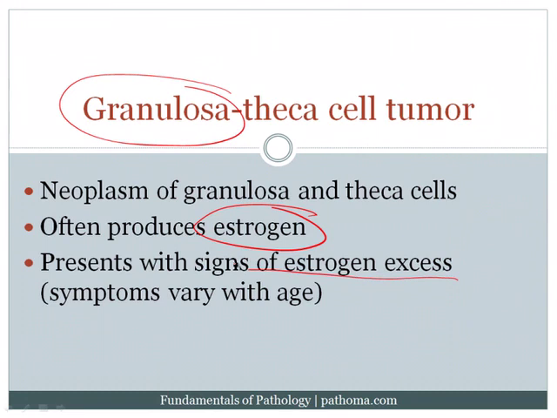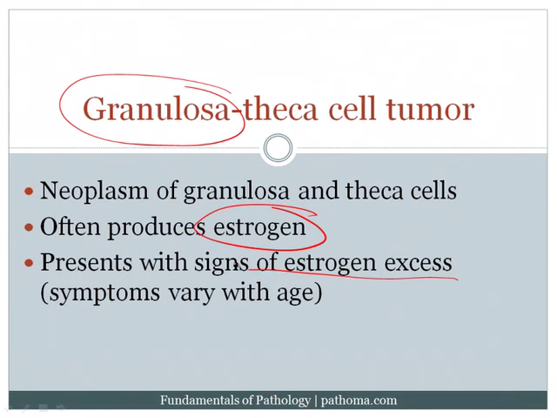Now, granulosa theca cell tumors can actually develop in infants or children, young children. They can develop in middle-aged women, and they can develop in older adults. If you get a granulosa theca cell tumor in a young child before puberty, then the child would present with signs and symptoms of precocious puberty or early puberty.